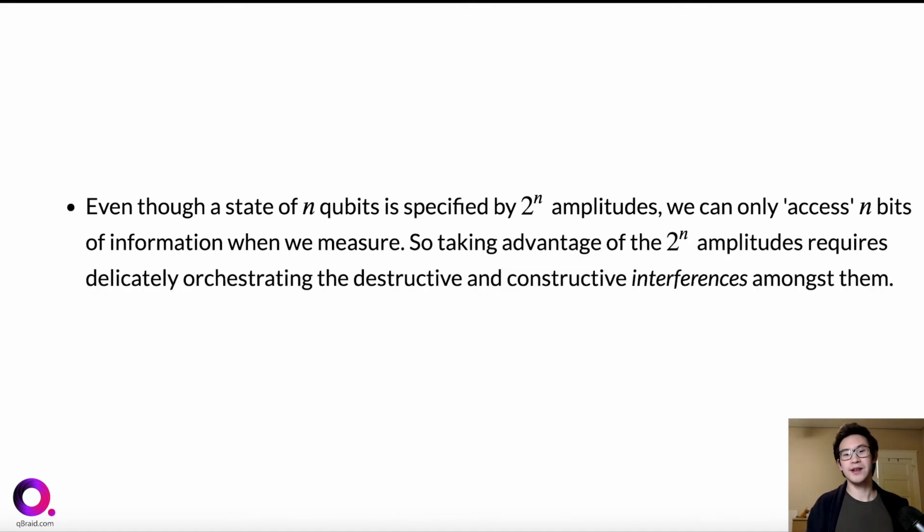And so really taking advantage of what the 2 to the n amplitudes are doing behind the scenes requires carefully orchestrating the constructive and destructive interference amongst them, so that amplitudes corresponding to the wrong answers to the problem we want to solve interfere destructively and they cancel each other out, and amplitudes corresponding to the right answers interfere constructively and they reinforce each other, so that when we measure at the end, what we obtain are bits corresponding to the correct answer. And this process is really at the essence of constructing algorithms for quantum computers.